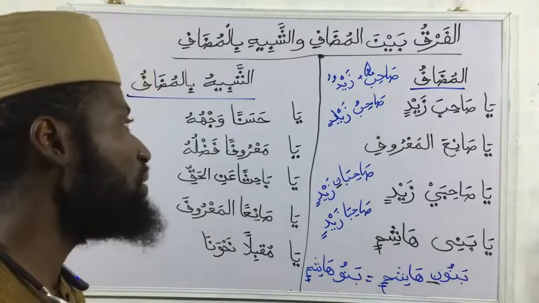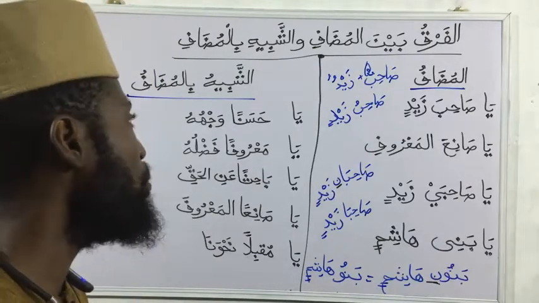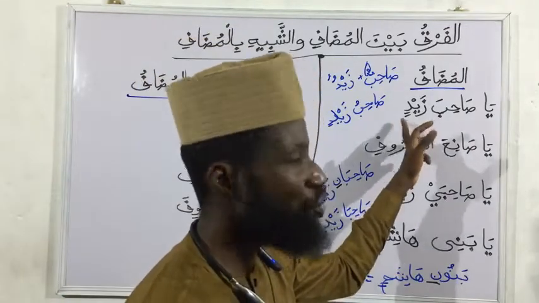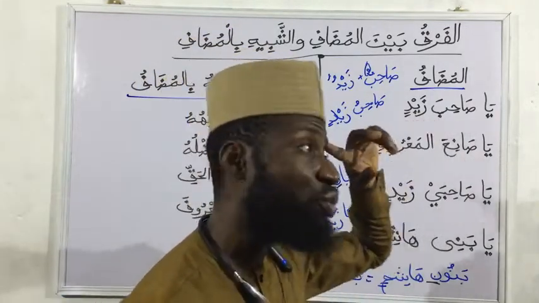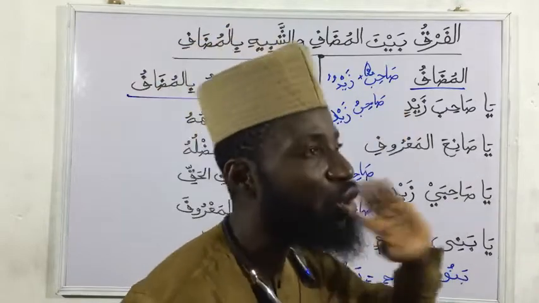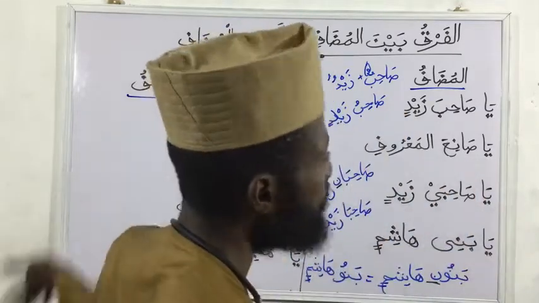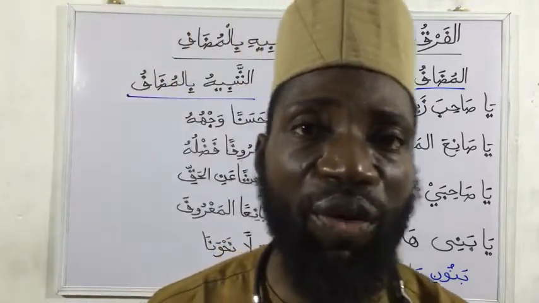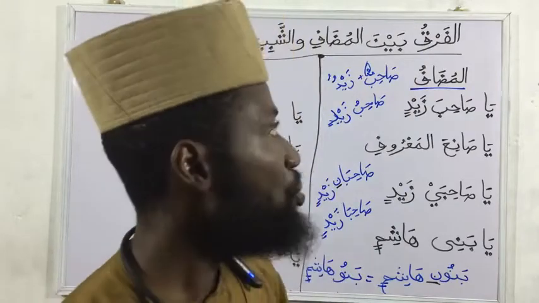The second of their differences, which is also very apparent, is that your Mudaaf ilayhi is always what comes after. We want to look at the nature of what always comes after your Mudaaf or your Shabihu bil Mudaaf, in terms of its case ending. Look at this now.